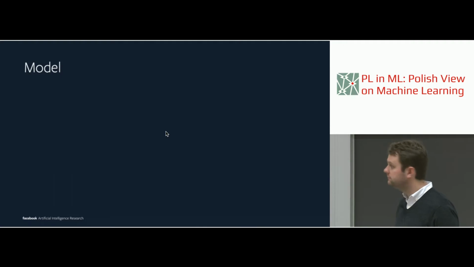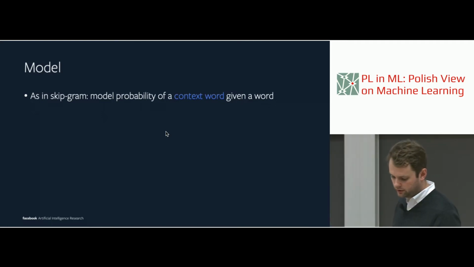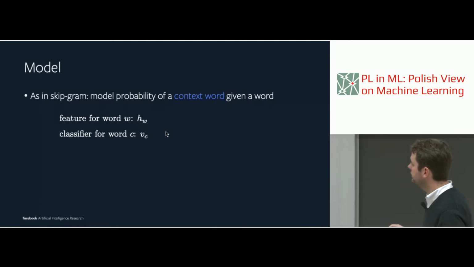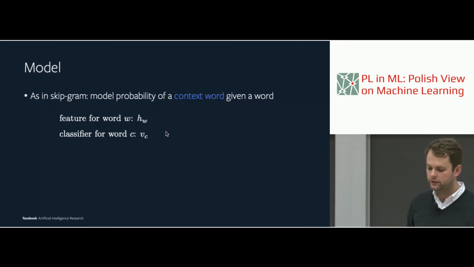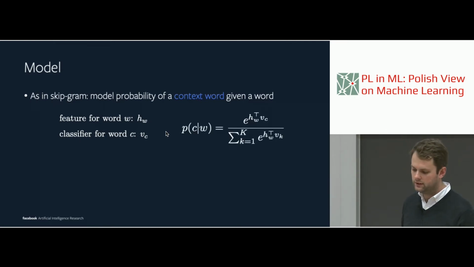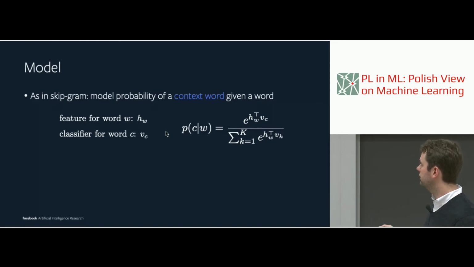So what is our model? We do exactly as in skipgram, so the model in which, given a word, you predict context words. We're going to define a feature for word W, HW, and a classifier for word C in the context, VC. And exactly as before, we compute the probability of the context given the word as the softmax of the dot product.